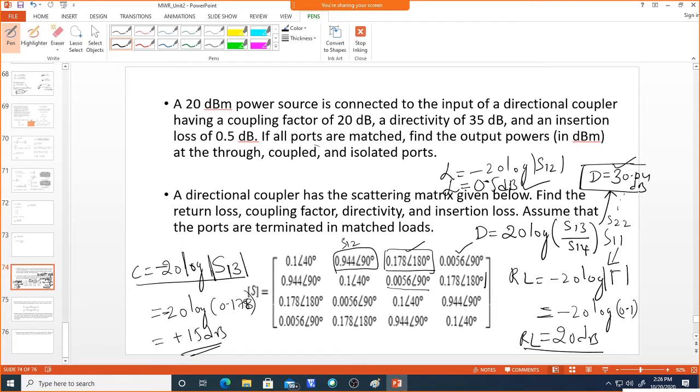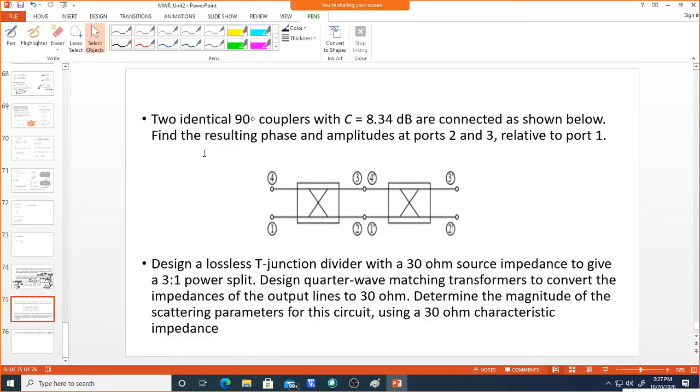Okay, now take another problem. Two identical 90-degree couplers with a coupling factor of 8.34 dB are connected as shown. Find the resulting phase and amplitudes at ports 2 and 3, relative to port 1.